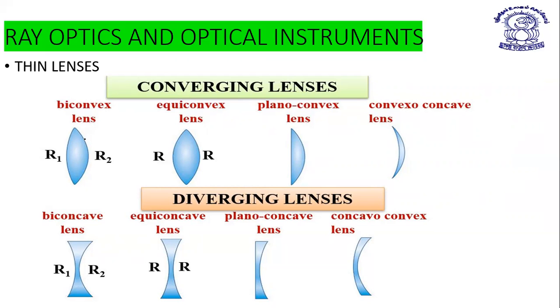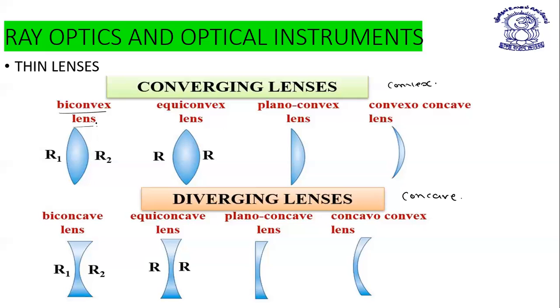The converging lenses are in general called convex lenses because their curved surface is bulged out, and diverging lenses are called concave lenses as their surfaces are bulged in. There are four types of convex lens and four types of concave lens.